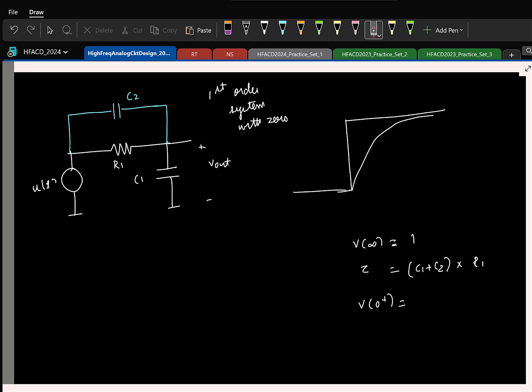See, when I didn't have this, did the output change instantaneously? Why didn't it change instantaneously? Yeah, resistance is there. Why didn't the output here change instantaneously?